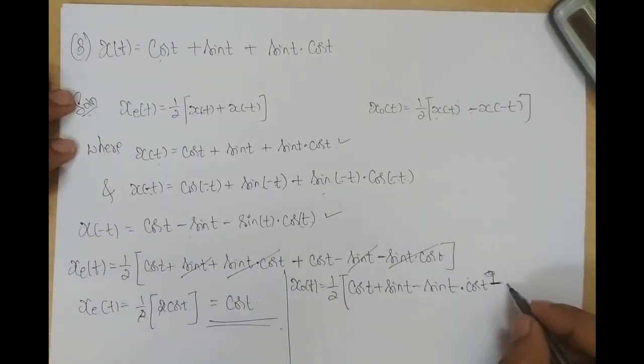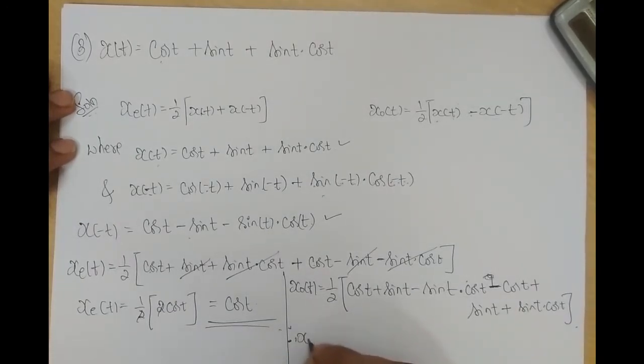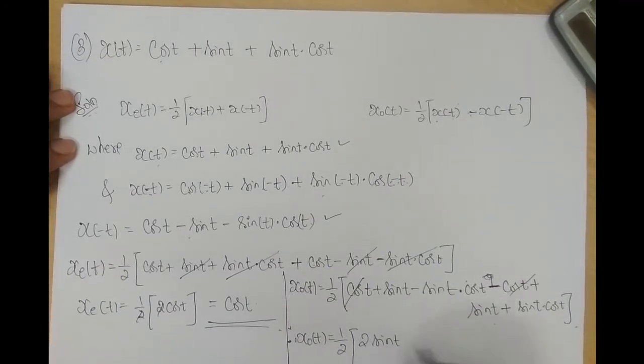So it is minus cos t, minus into minus plus sin t, minus into minus plus sin t cos t, right? So therefore x o of t is equal to 1 by 2 times, plus cos t minus cos t cancels out. So sin t, I have 2 times sin t.